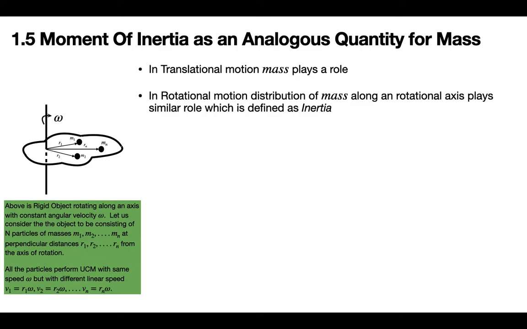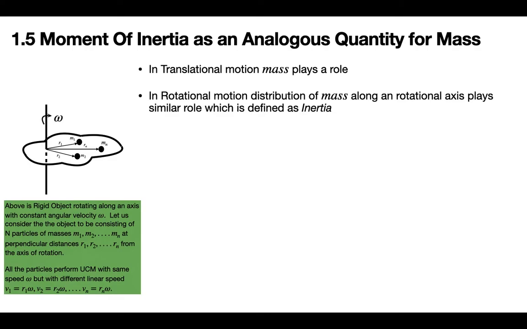The body is made of small particles, which we can consider as n particles having masses m1, m2 up to mn, at distances r1, r2 up to rn from the axis of rotation. All the particles perform uniform circular motion around the axis with the same angular velocity, omega.